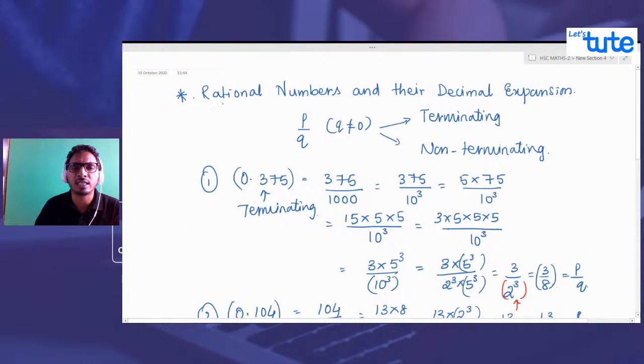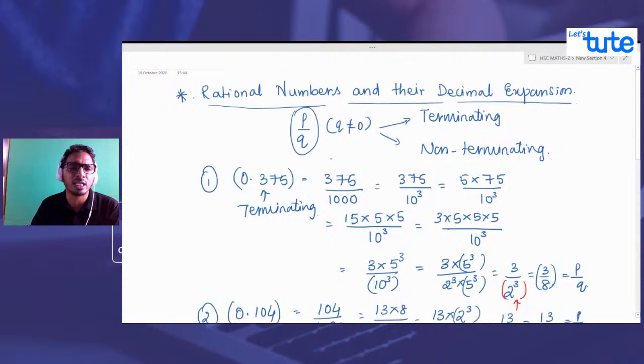We are talking about rational numbers today and their decimal expansions. We write a rational number in the form of a ratio of two integers, but there are two types of rational numbers. One is terminating and the second is non-terminating. The question was how to identify which one is which. Whenever you are given a question, you check the denominator.